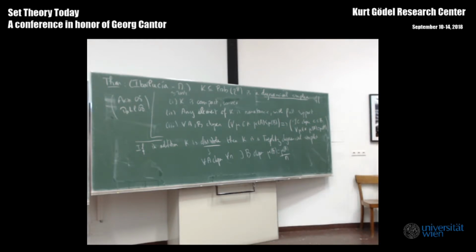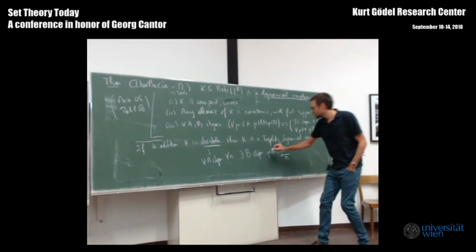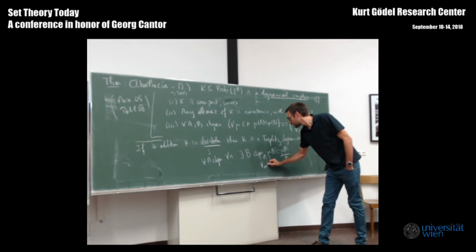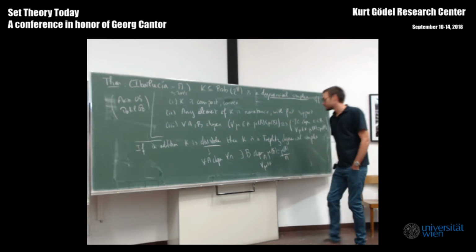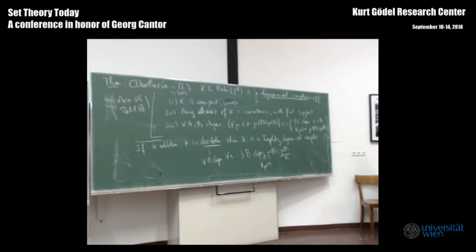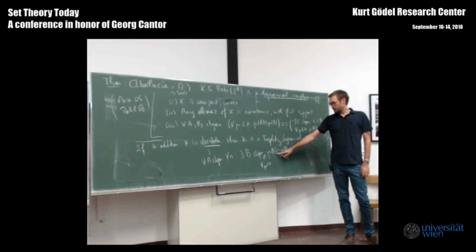For any mu. Sorry. So this means that you can divide all measures simultaneously by n. You can always divide them up to some epsilon by n. You can always find a B which has a measure arbitrarily close to this measure. This is always true, but it's not always true, even for one single measure, that you can divide by 2.